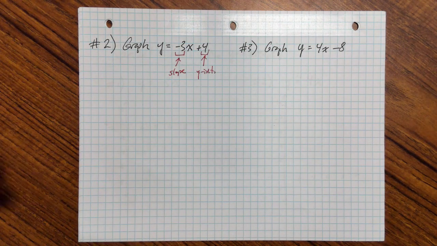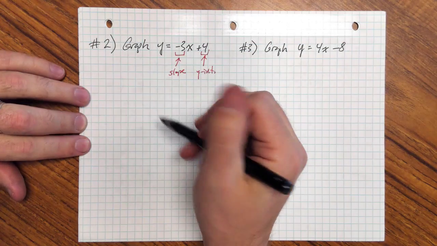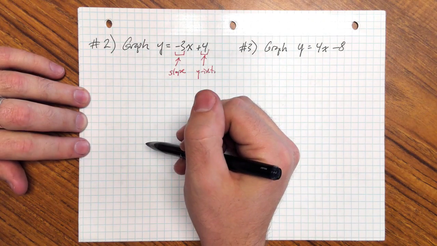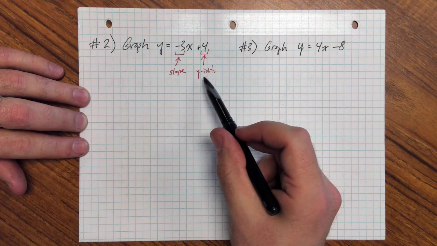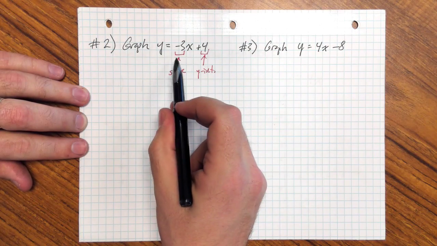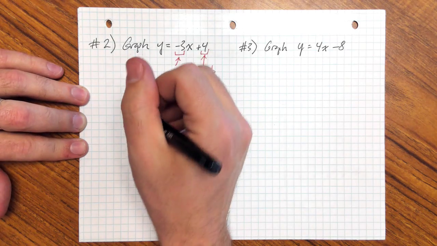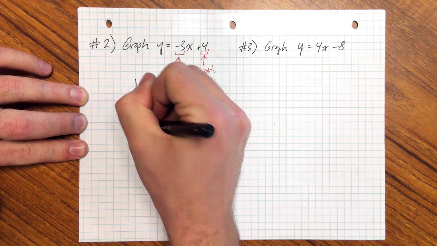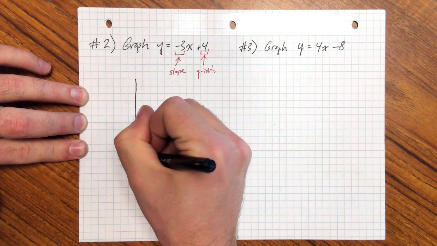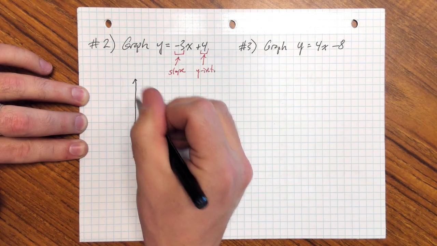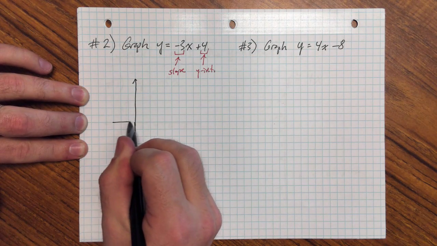So when I draw my graph, I need at least up to positive 4 on the y-axis. And my slope tells me I'm going to go down 3, so I need to go down on my graph from there. So I want at least 4 points above my x-axis.